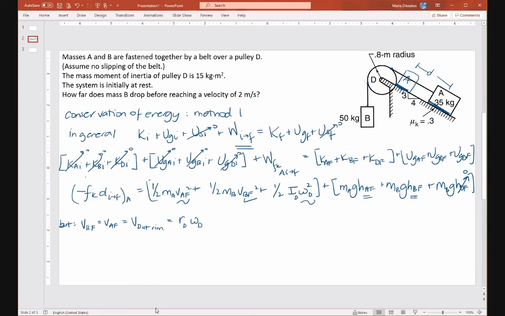Because they started from rest. Yeah, okay. And so then the UGs, why did we set them to 0? Because height is 0. What height is 0? Like the reference point. Yeah, so we chose our references. So the starting point will be 0 for every individual weight.